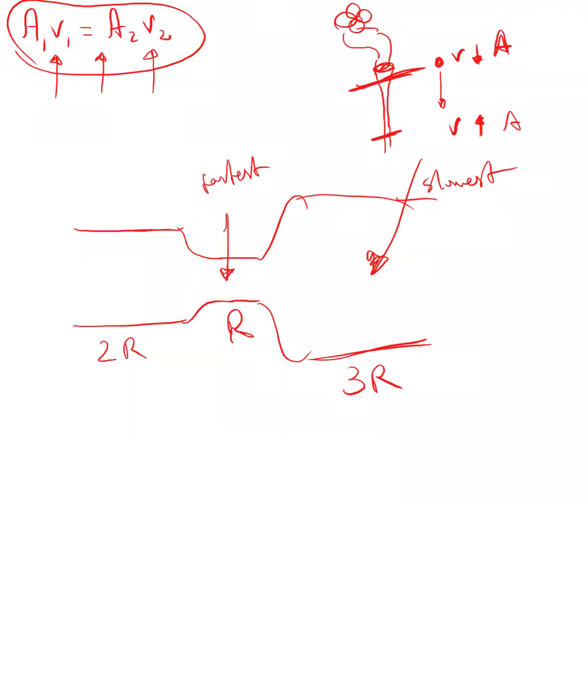Now, in your homework 21, you have a couple of exercises in which you have to apply this concept of the continuity of volume, or conservation of volume. I think you have a few cases where you have a stream of water, and the stream is divided into 2 parts or many parts.